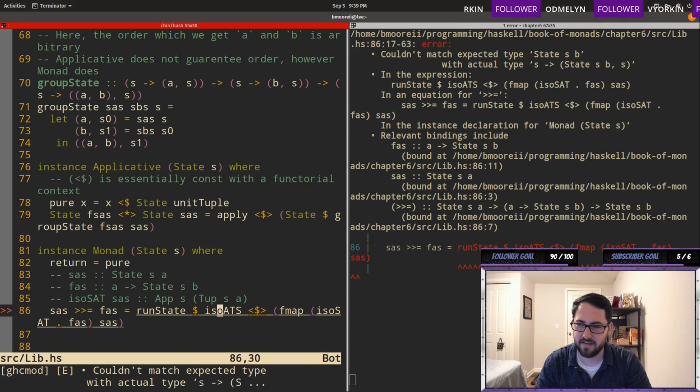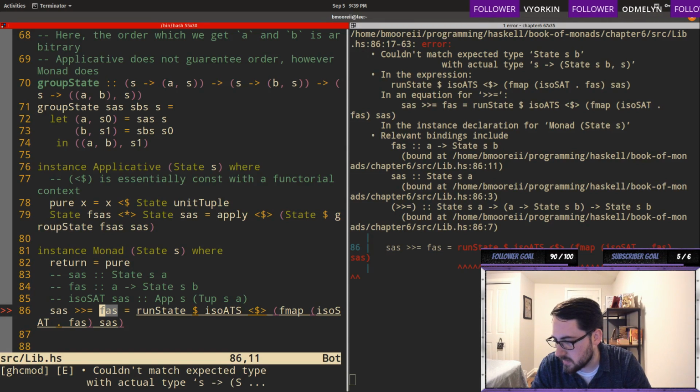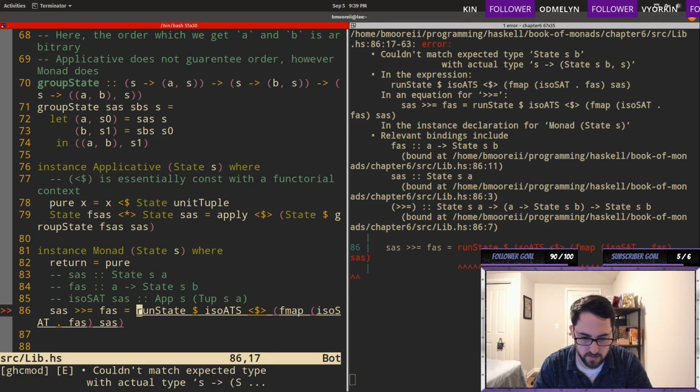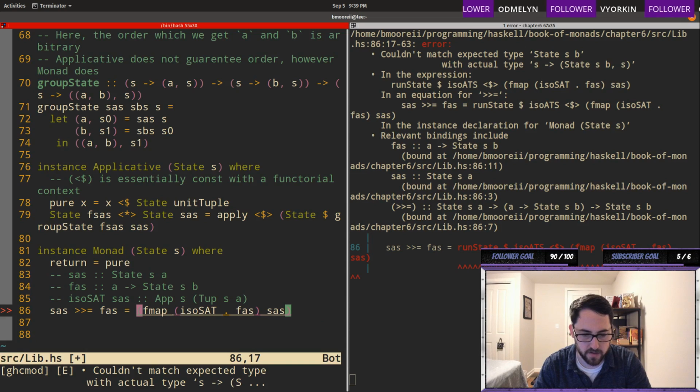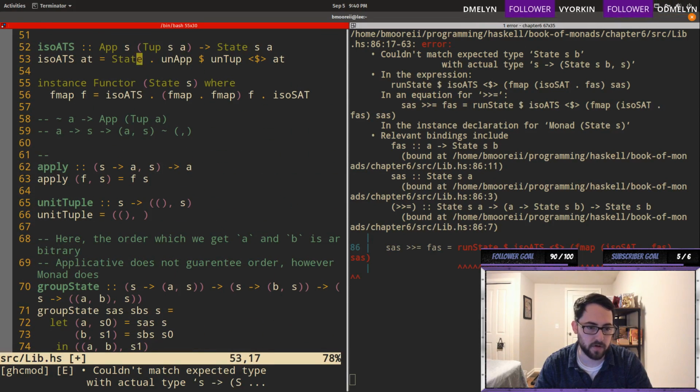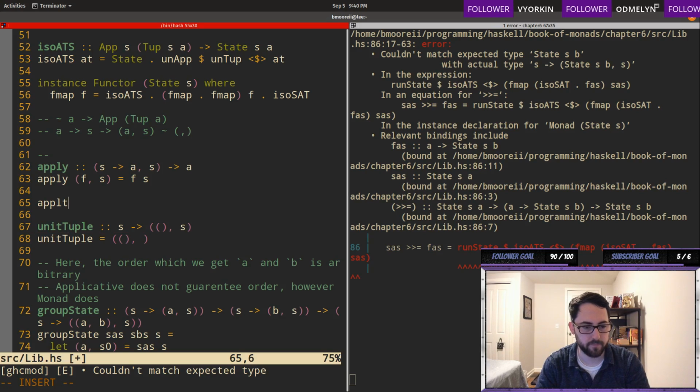I hate this. So, okay. I need to get a different apply. Maybe it will help and make more sense. So this is supposed to be app s tup sa to a.